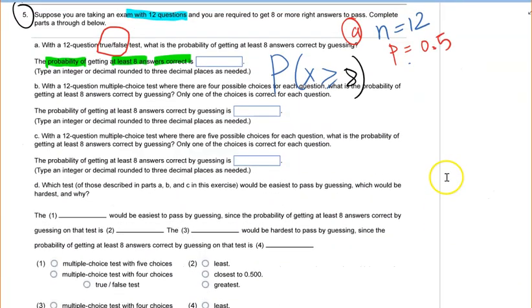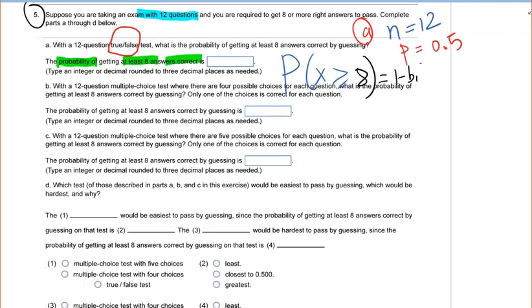1 minus binomCDF(n, p, a minus 1). Now here n is the number of trials, in this case 12. This is p, which in this case is 0.5.